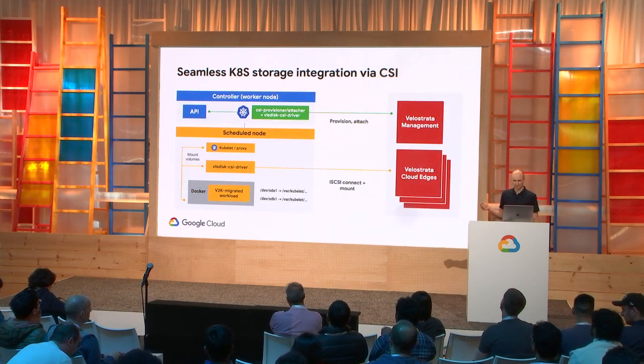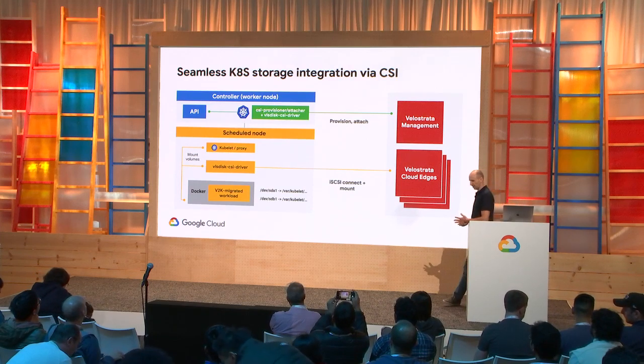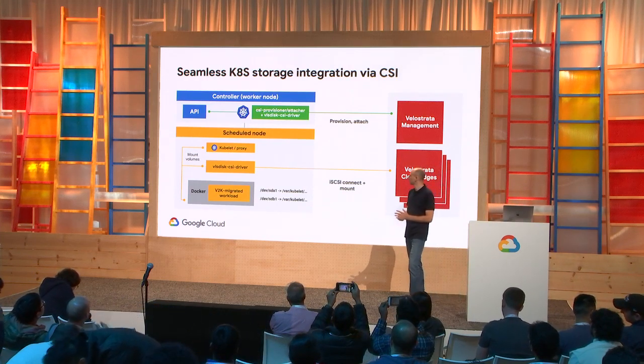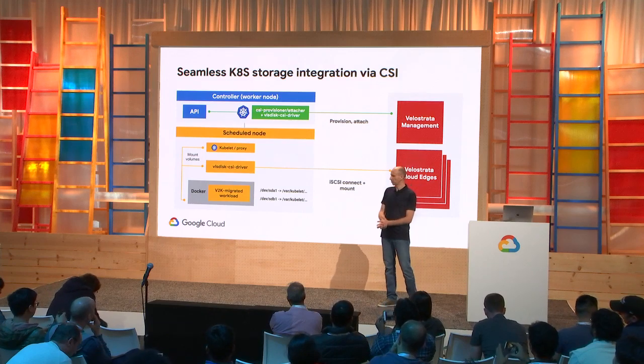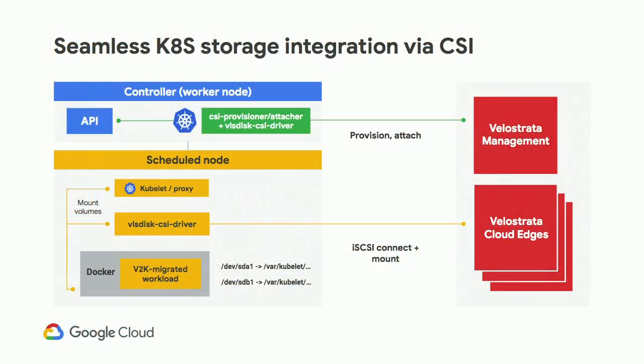So let's go another level down into how this works on the Kubernetes side. Quick show of hands, who is familiar with CSI? That's less. So I won't go into CSI here. There are lots of lectures about that. CSI is the Container Storage Interface, something that became GA in Kubernetes 1.13.